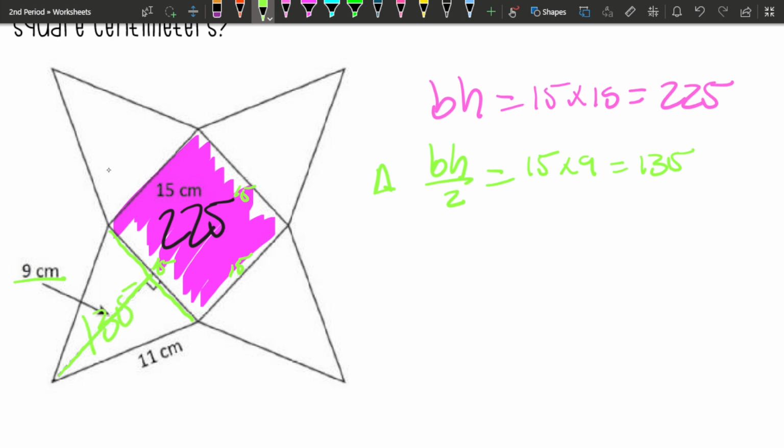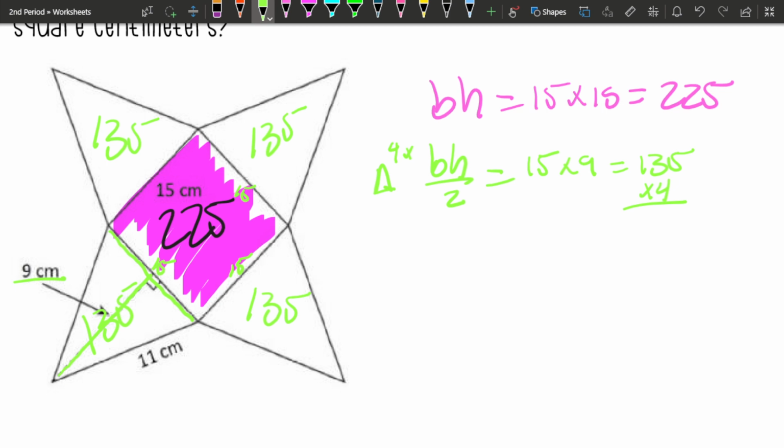So this right here is 135. How much is this one? 135. And this one? 135. And this one? 135. So basically, I have 4 of these, so I can multiply this times 4 and find my lateral surface area. But when I multiply by 4, wait, what am I missing?